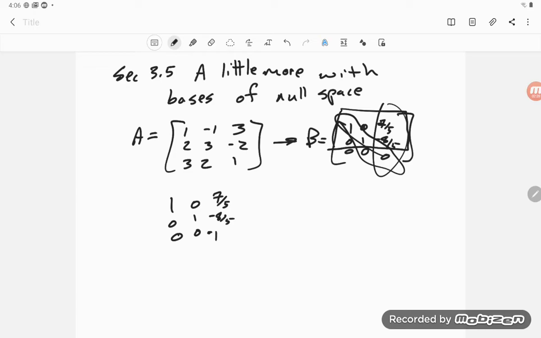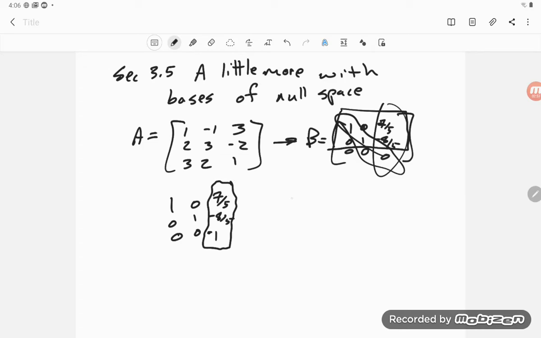What I've done here is set this up so that now all I have to do is take the negative of that column, and technically I don't even have to do that, but usually we would.